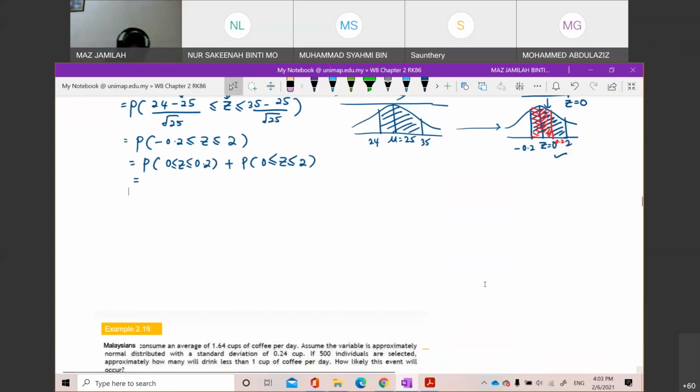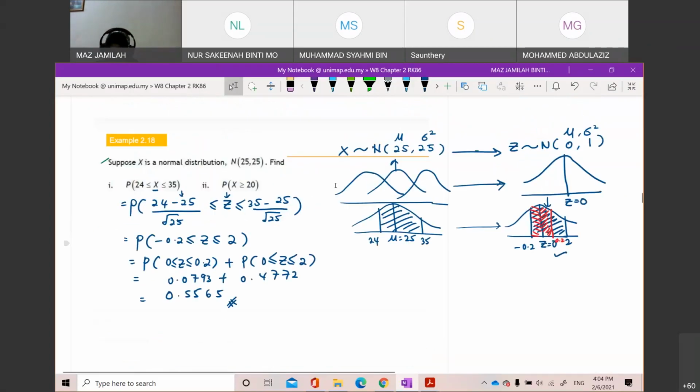So put it together: 0.0793 plus 0.4772, you will get 0.5565. That will be the probability value for the shaded region.